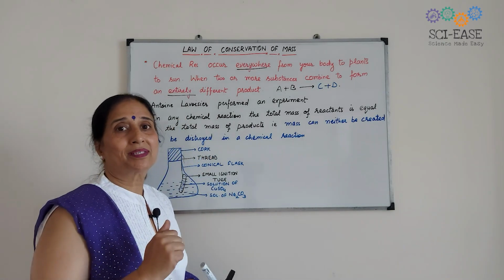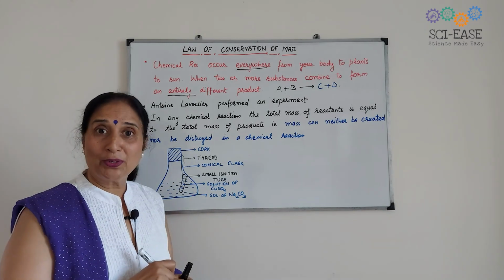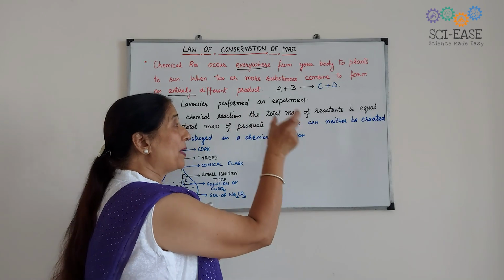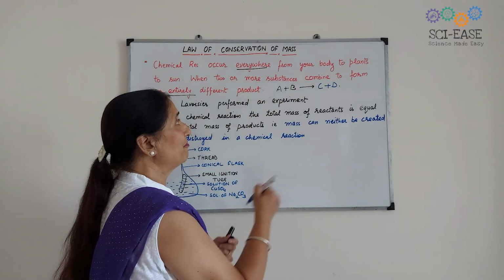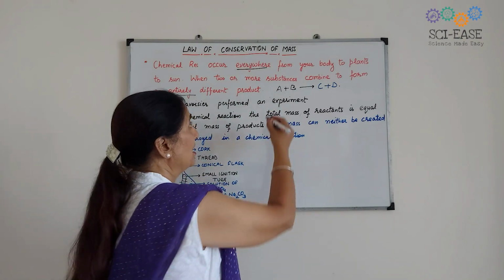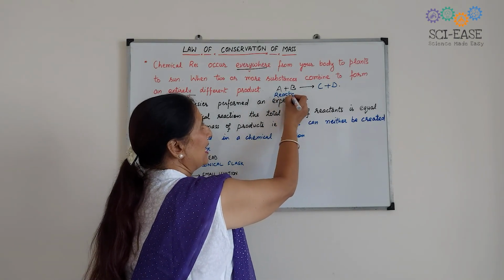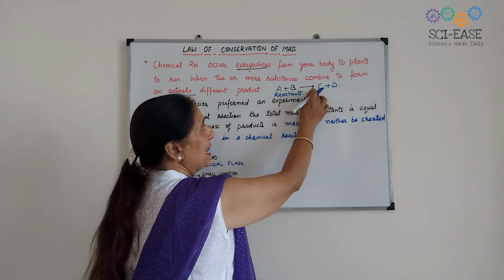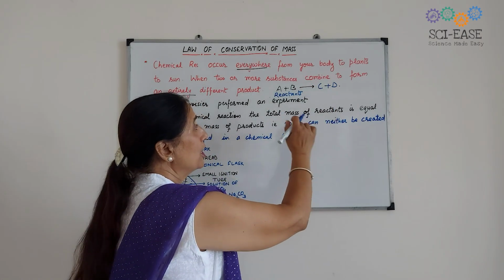The two terms which are there in this chemical reaction, I want to tell you: the substances which take part in a chemical reaction and are placed on the left-hand side of the equation are known as reactants. So, A and B are reactants. Then we put this arrow, this a tail and this a head. Okay?